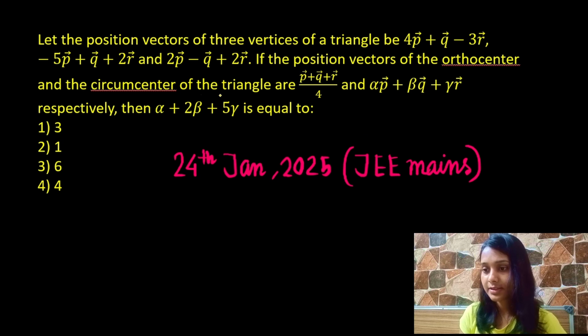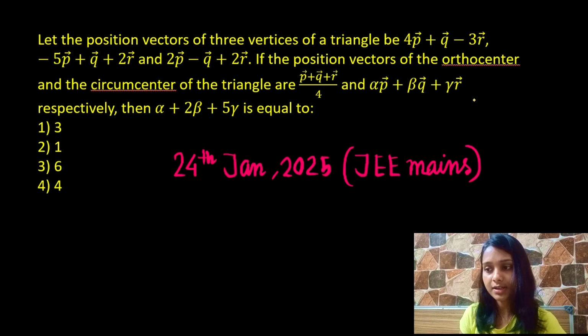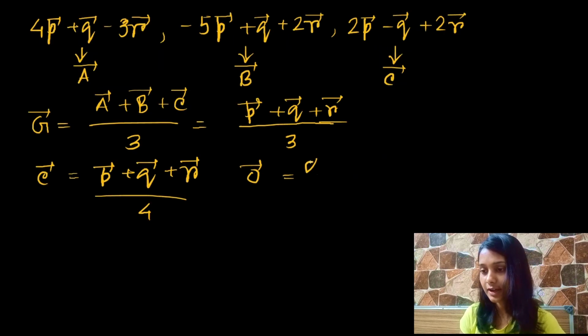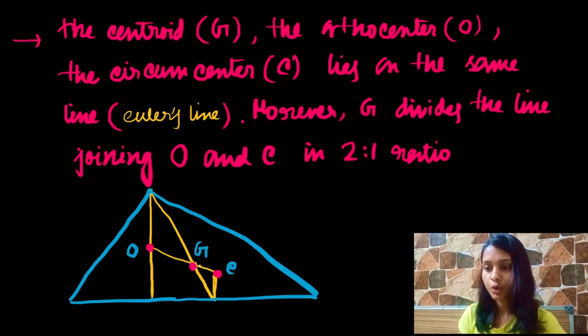Circumcenter is given as p plus q plus r divided by 4, and the orthocenter is alpha, beta, gamma, so this is alpha p plus beta q plus gamma r. Okay, this is the orthocenter.